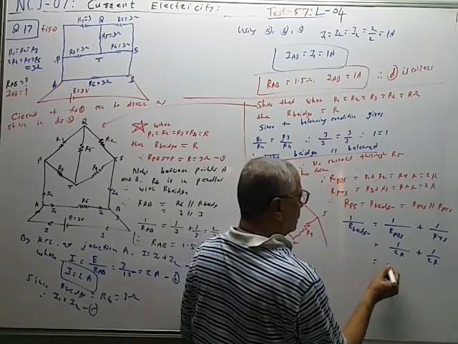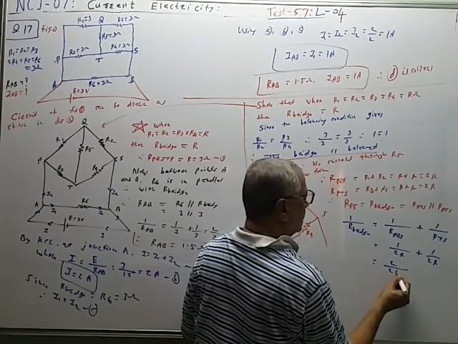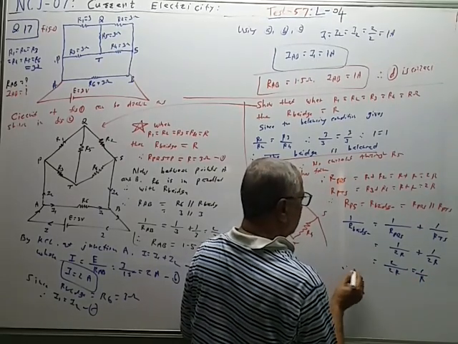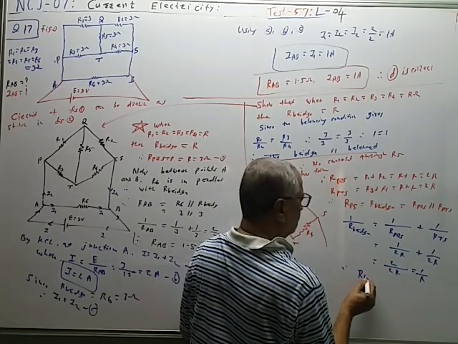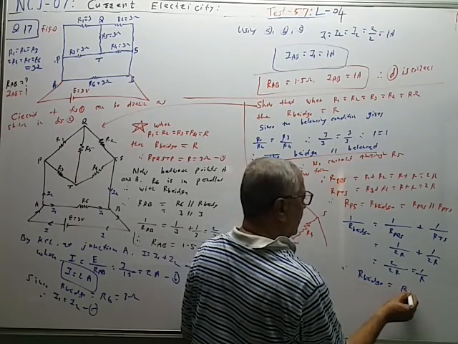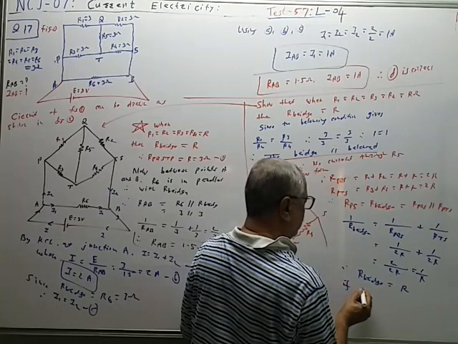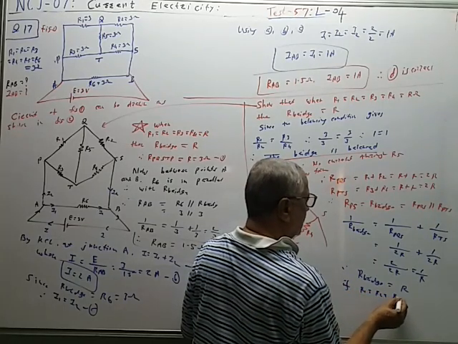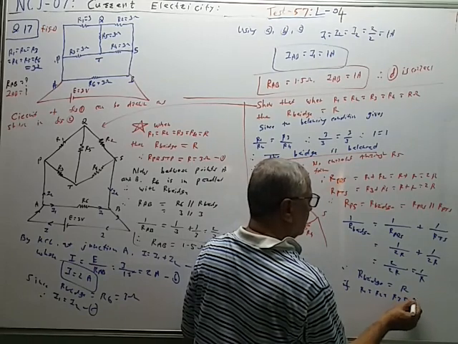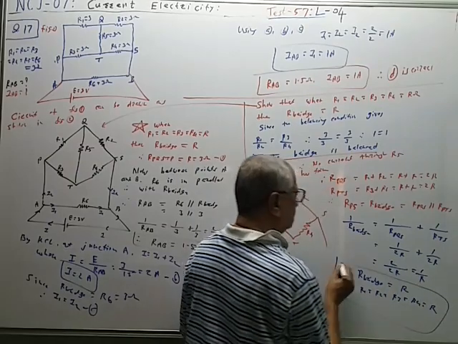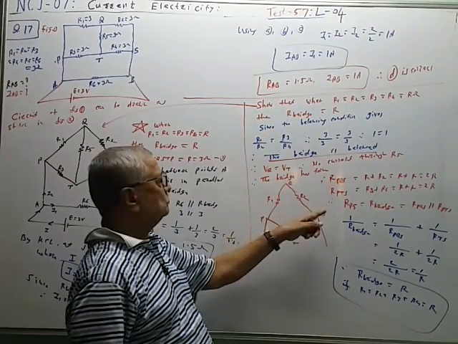So this is equal to 2 upon 2R that is equal to 1 upon R or reciprocal. So R bridge is equal to R if R1 is equal to R2 is equal to R3 is equal to R4 is equal to R. So this is the proof.